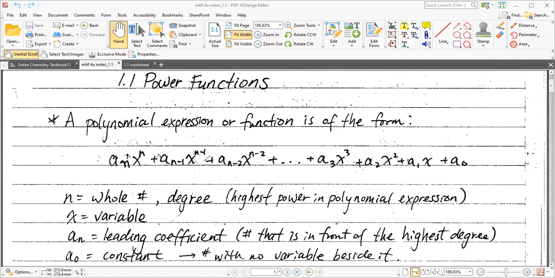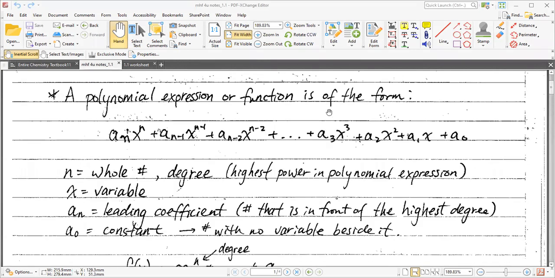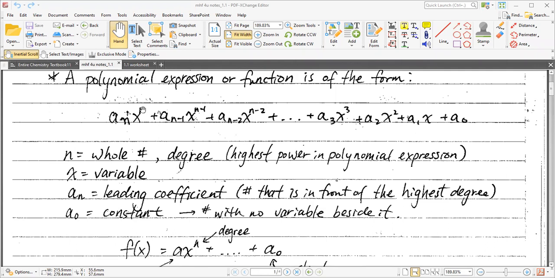All of a_n to a_0 are constant numbers, and the power can decrease. So the highest power is n. We call this a polynomial expression. In order for this expression to be a polynomial, the power should be a whole number like 1, 2, 3, 4, and so on. This will be your degree.